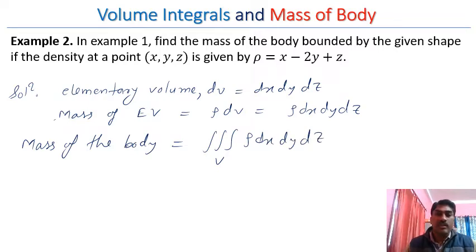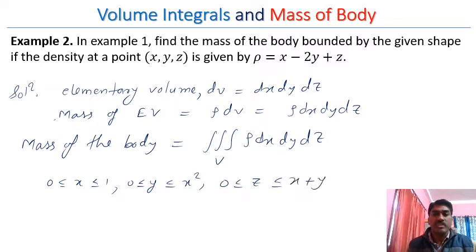And we already know that in the earlier example, the limit of x was 0 to 1, the limit of y was 0 to x square, and the limit of z was 0 to x plus y. So we just need to put these limits on the triple integral.